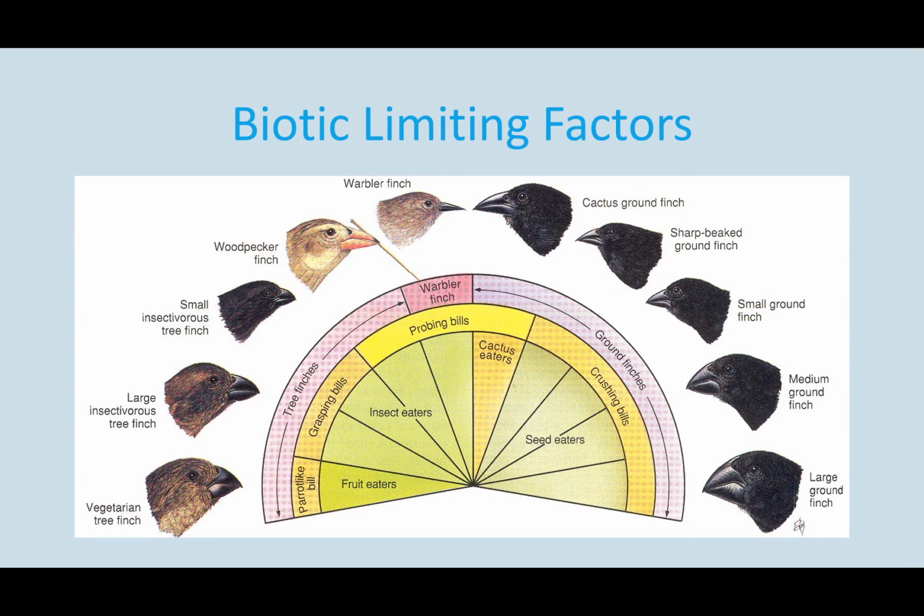That's why you have all these finches that are all very similar, but they eat different foods. So you have some that are seed eaters, insect eaters, fruit eaters, and cactus eaters, but they all are supposed to have evolved from the same general species, and they branched out because there was so much competition for the food.